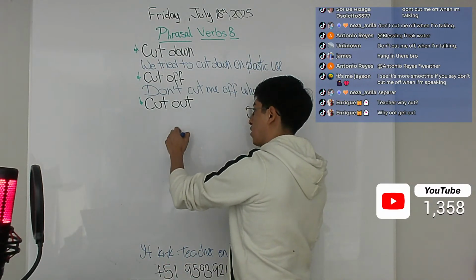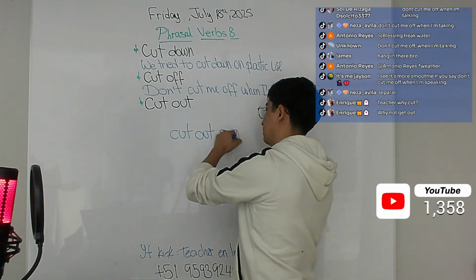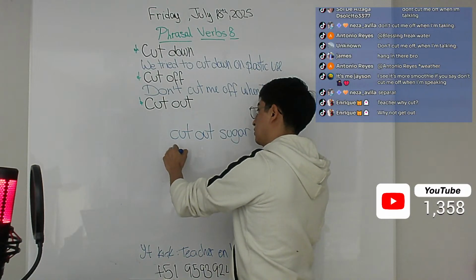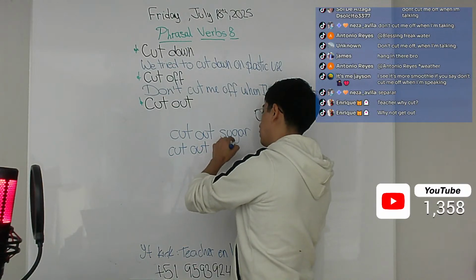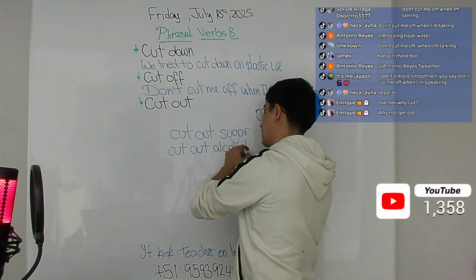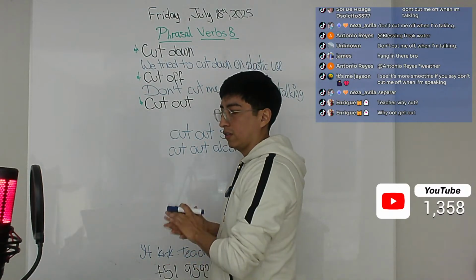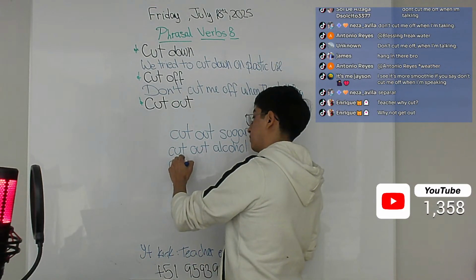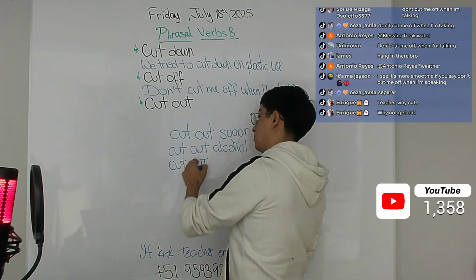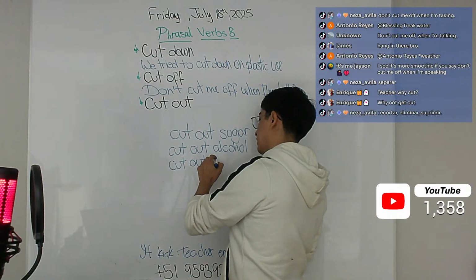Let's write it here. To stop. Cut out sugar. Cut out alcohol, maybe. So cut out means to stop completely. To cut out doing something, in this case, eating. To cut out, for example, red meat. Vegan people cut out eating red meat, or meat in general.